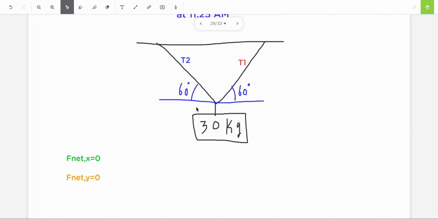So mg is the same as weight. It goes down, directed down. mg.